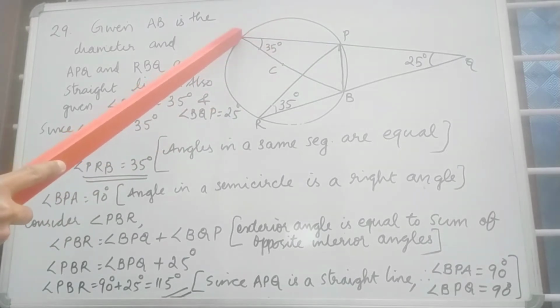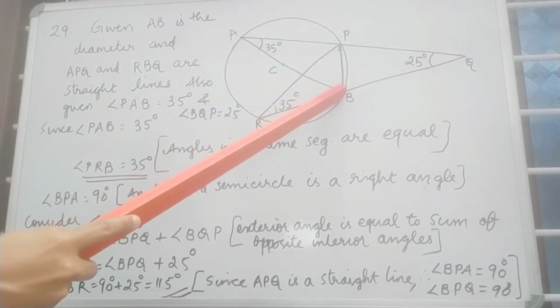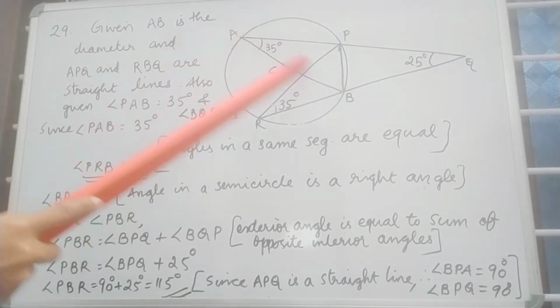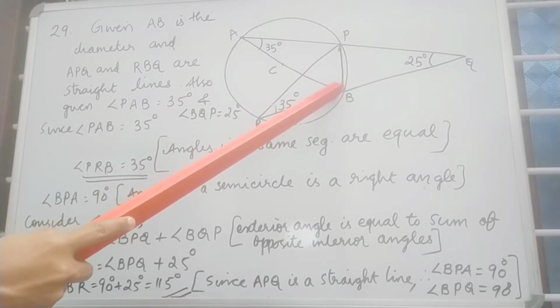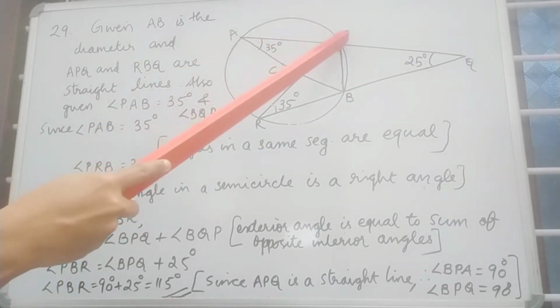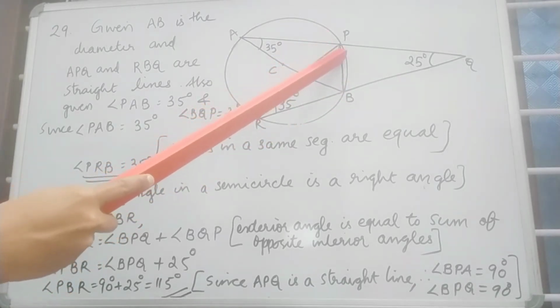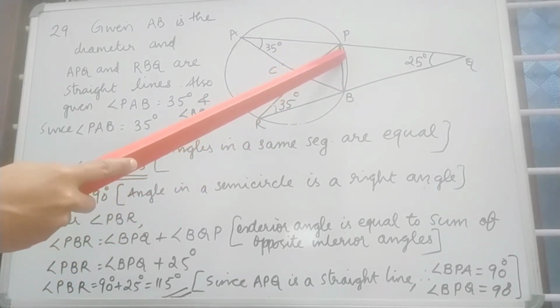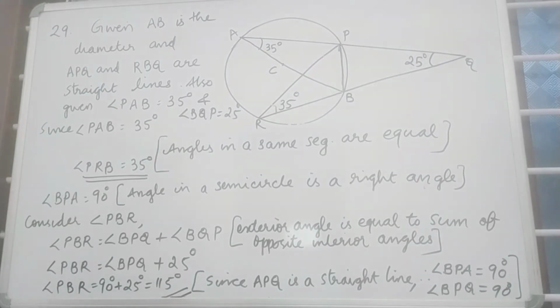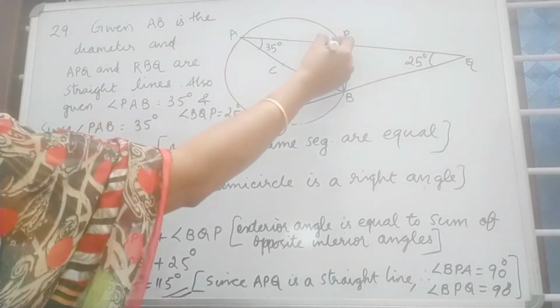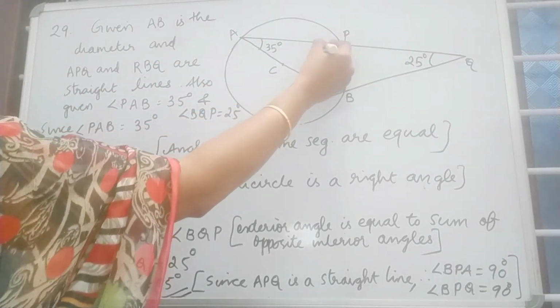So angle APB will be 90 degrees since AB is the diameter. This one will be 90 degrees.